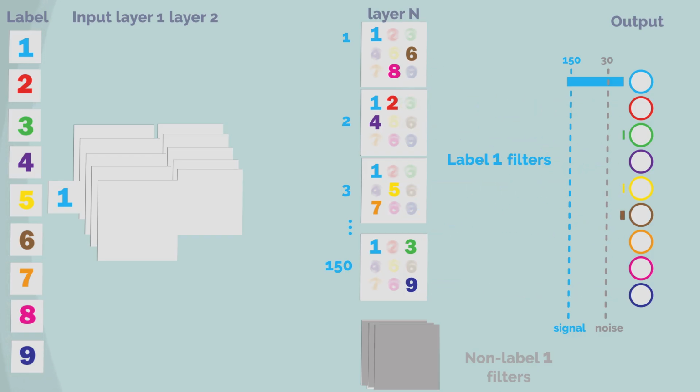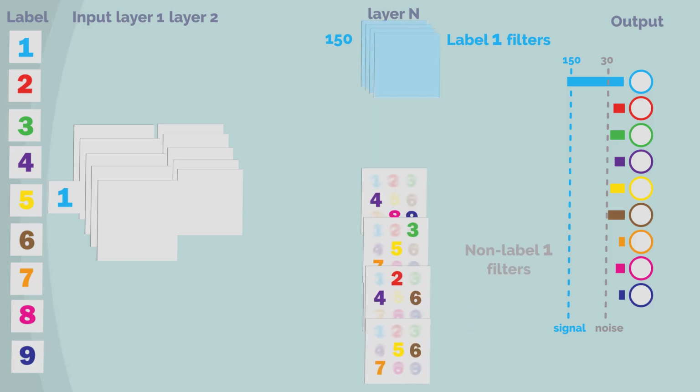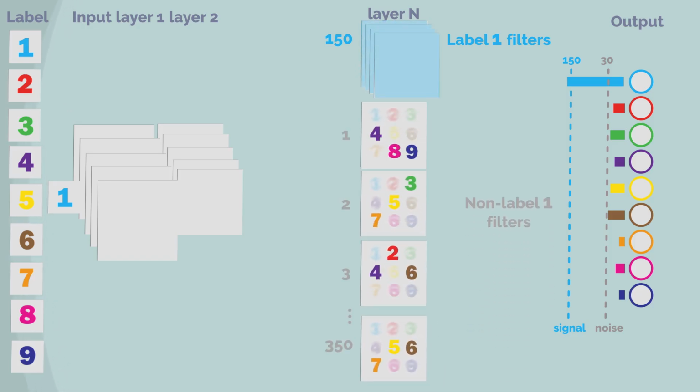The other 2 labels of each filter contribute on average a small noise on the other output units. The rest of the 350 non-label 1 filters contribute a small noise on each output unit. This enables the network to recognize a specific input.